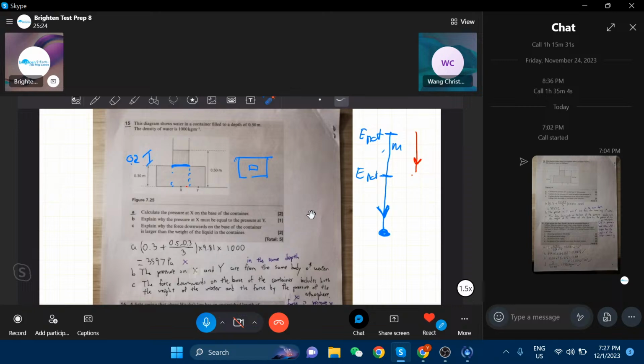So partially you were on track, but in order to get the volume, you would need, of course, the final dimension of the container.